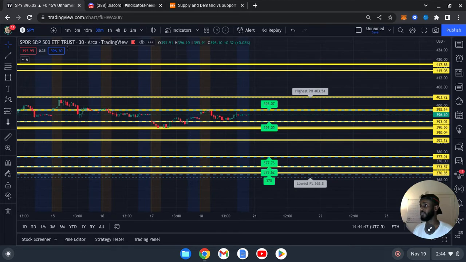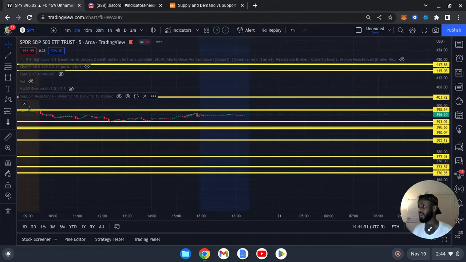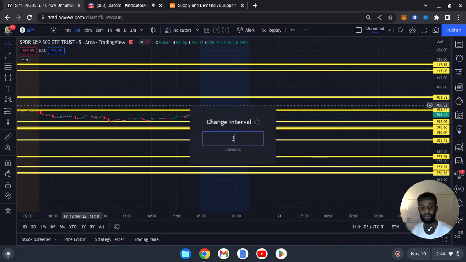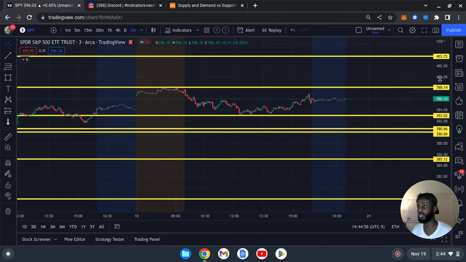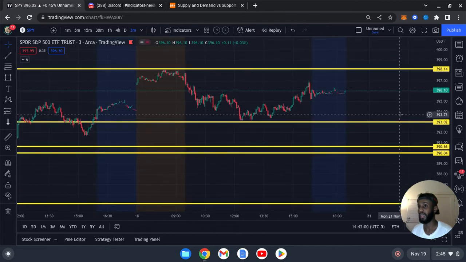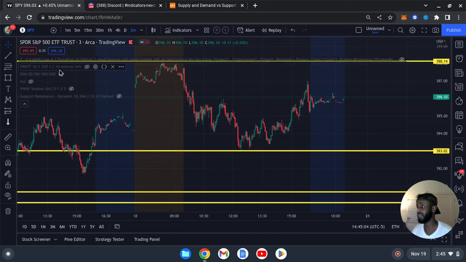Alrighty. So now we'll turn this indicator off, and now we'll go to our 5-minute or our 3-minute, which is where I usually like to trade. And now we'll turn on our supply and demand indicator.